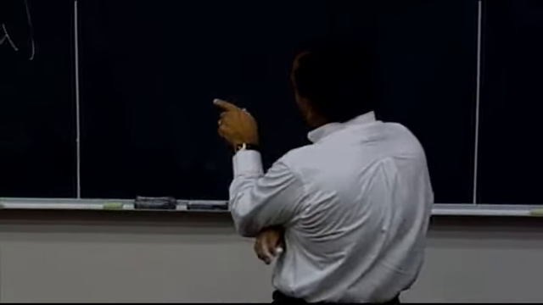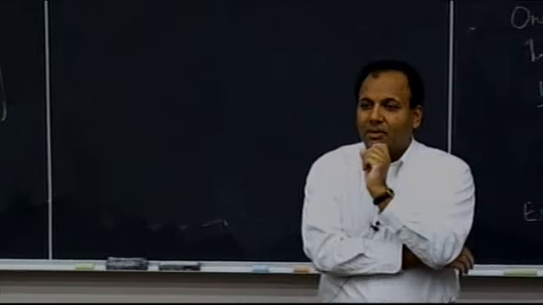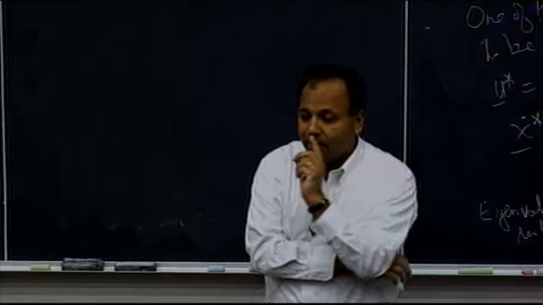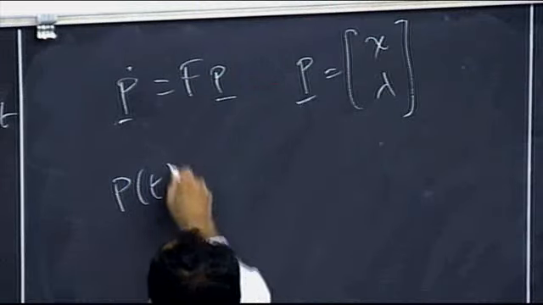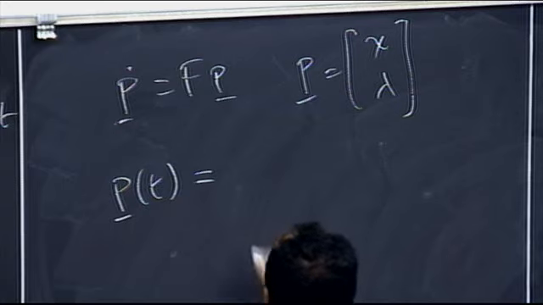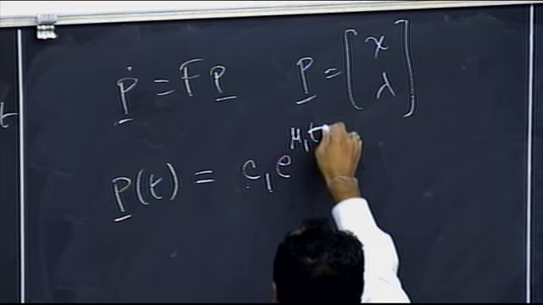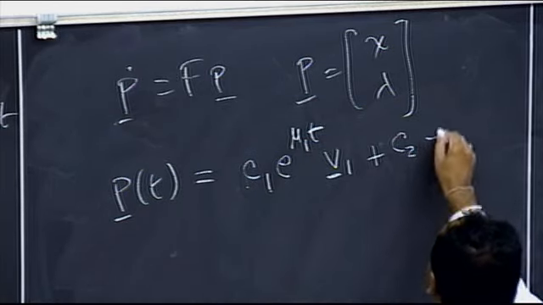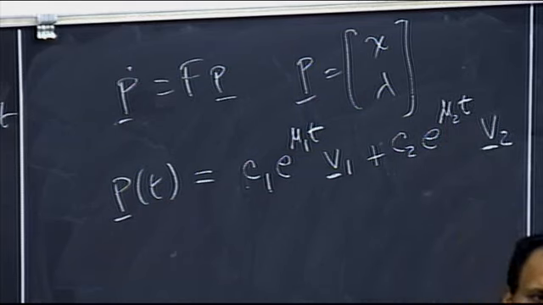The solution of any linear system is a linear combination of terms involving the eigenvalues and the eigenvectors, right? So I know that the solution to this has the following form. P of t is going to look like c1 times e to the mu1 times t times v1, which is the first eigenvector, plus c2 times e to the mu2 times t times v2, where v2 is the second eigenvector.